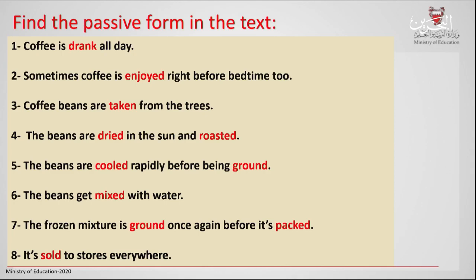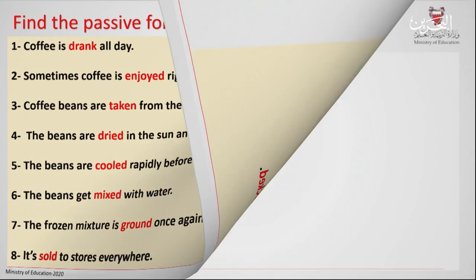The frozen mixture is ground once again before it's packed. Ground and packed, both are passive forms. And finally, it is sold to stores everywhere. Who sold? We don't know, so that's why we consider it a passive form.